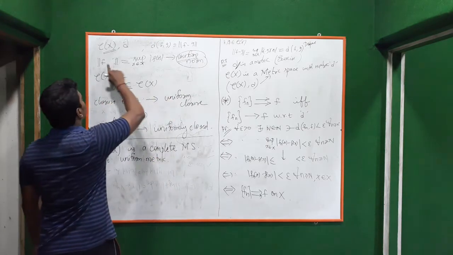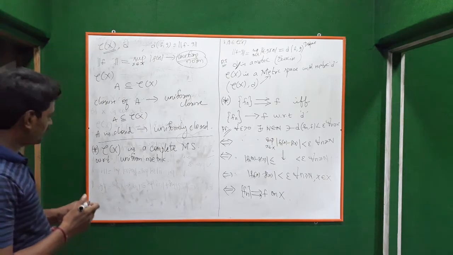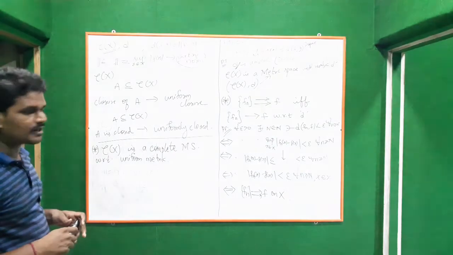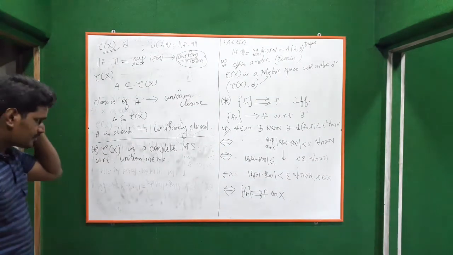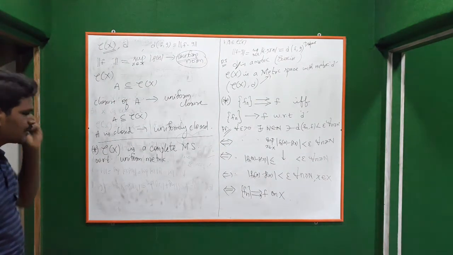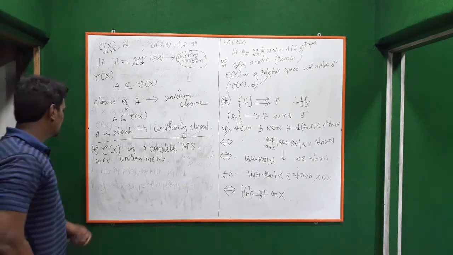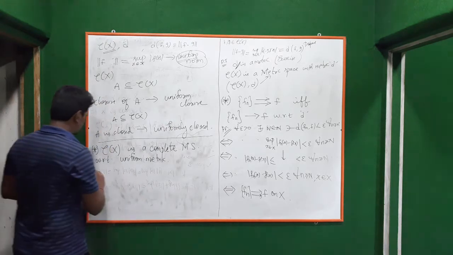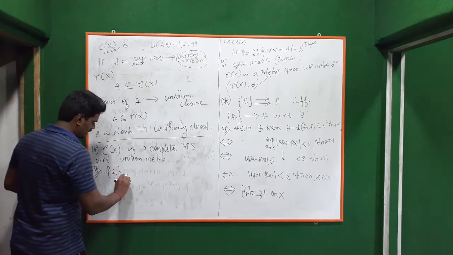With respect to the uniform metric, C of X is a complete metric space. Okay. So complete means what? What is the definition of a complete metric space? Whenever we consider a Cauchy sequence inside that set, it should converge. Every Cauchy sequence converges. That's all. So what you have to do? In this, take a sequence fn that is Cauchy.